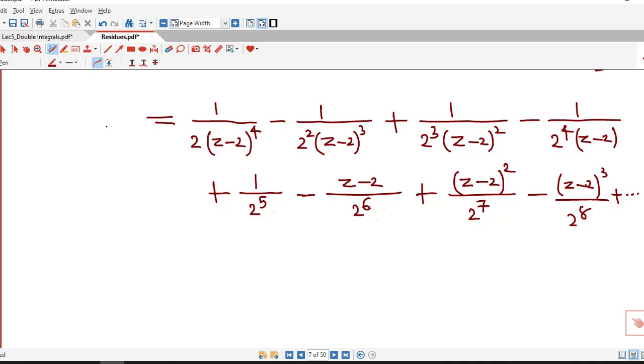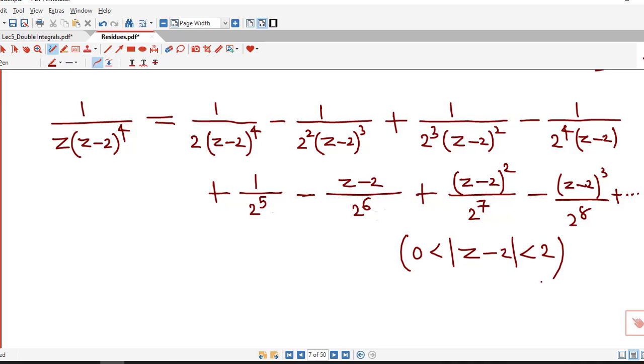So this is the Laurent series expansion of the given function, which is valid in the annular domain 0 less than |z minus 2| less than 2. Now we are interested in the residue of this function at z equal to 2. So we have to search for the coefficient of 1 over z minus 2. Here we can see the coefficient of the term 1 over z minus 2 is minus 1 by 2 raised to 4.